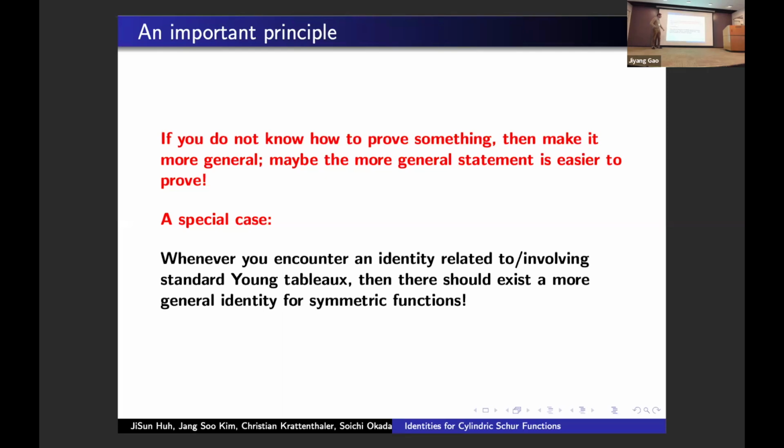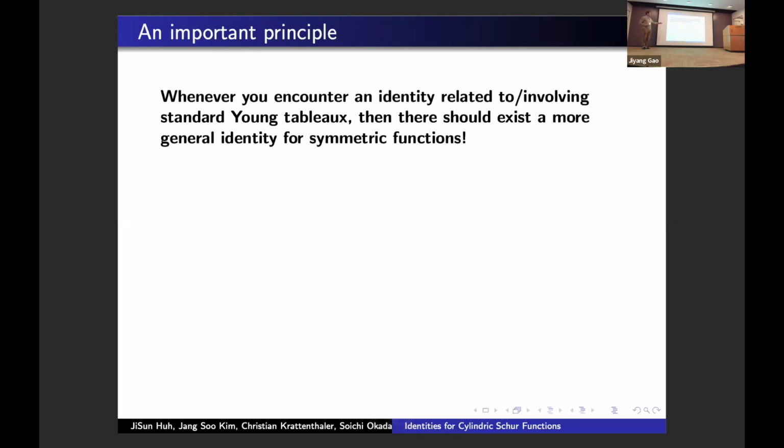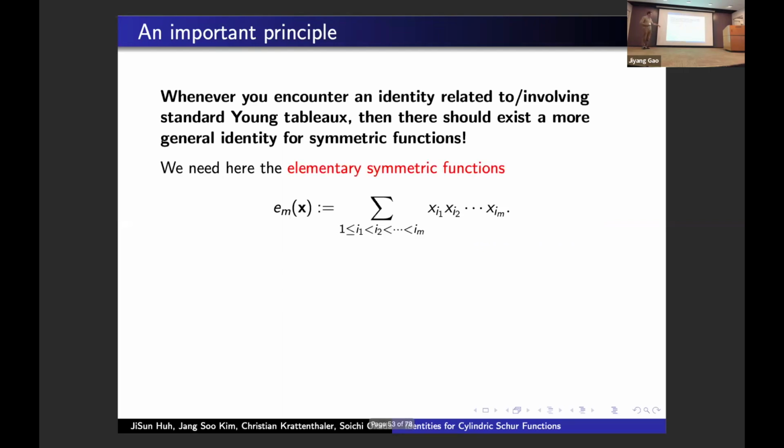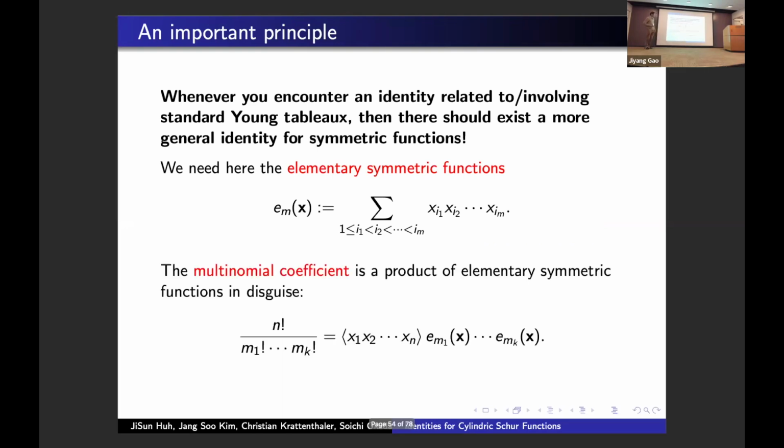Right. When you encounter an identity which is related to standard Young tableau, then there should be a symmetric function identity behind. This is exactly what Richard preaches in this article. And this is what helps here. And I want to be more specific. So I need the elementary symmetric functions.